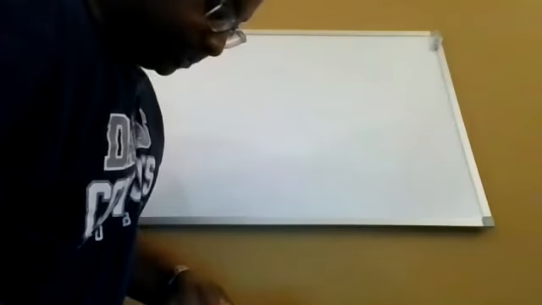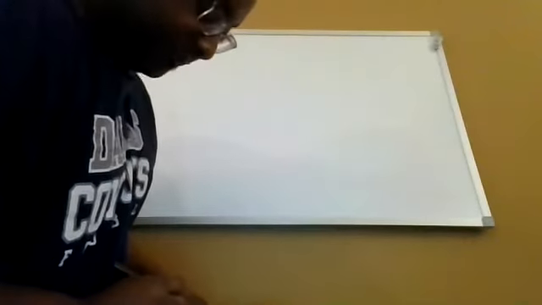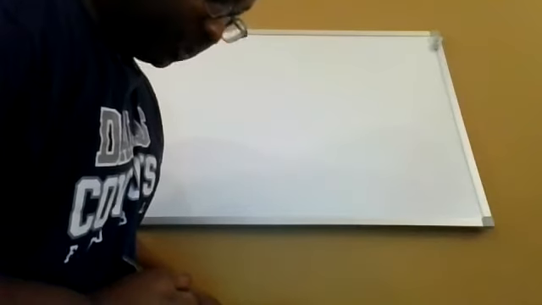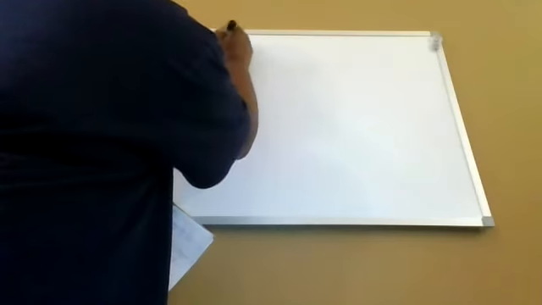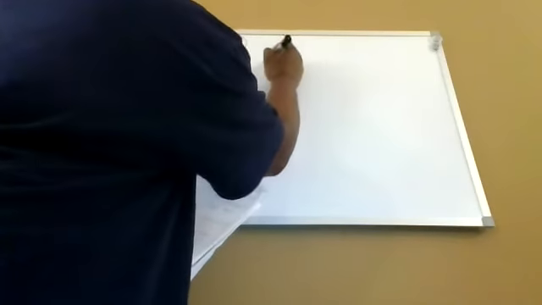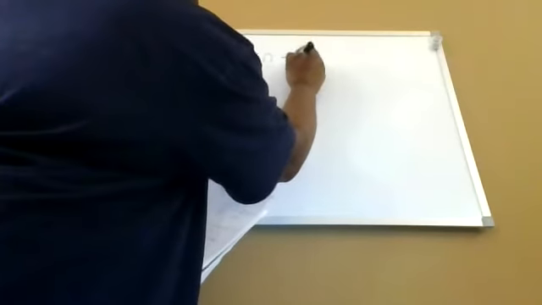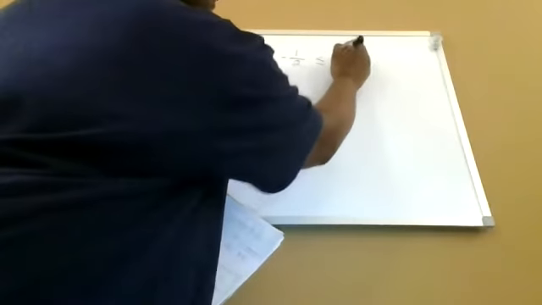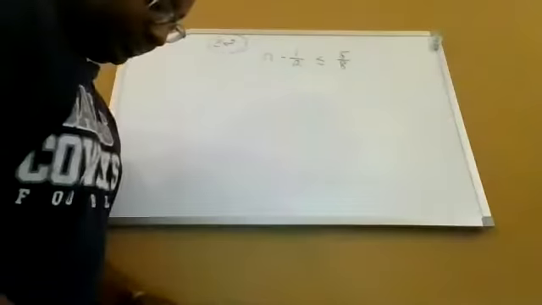For problem number 2, we're going to have the inequality n minus 1/2 is less than or equal to 5/8. Yes, you can use fractions with inequalities. So example 2, n minus 1/2 less than or equal to 5/8.